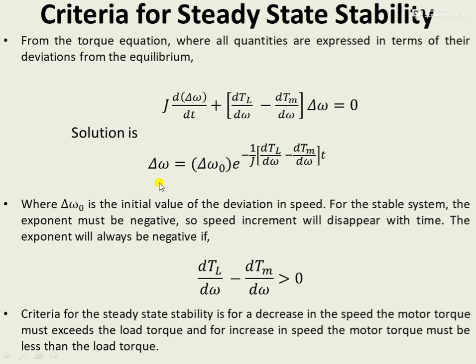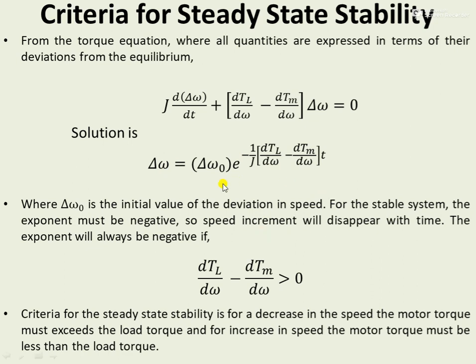For a stable system, the value of the exponent must be negative, then only the deviation will be minimum. Or else we can say that only when the term in the exponent is negative, the speed increment will disappear with respect to time, because only if it is having a negative exponent, as all of you are aware about the graphical representation of e raised to minus at, it will be exponentially decaying.